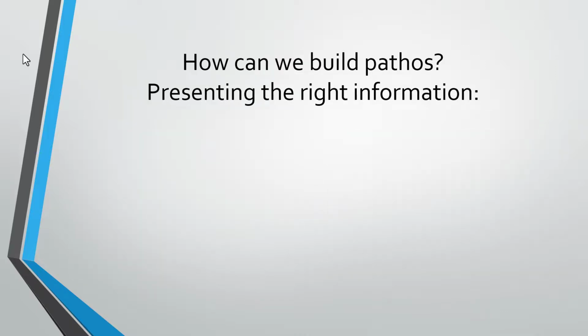If we see pathos out in the world, we have to think about how we can use information that's going to play with the reader's emotions and bring them to our side of the argument and get them to think the way that we think.